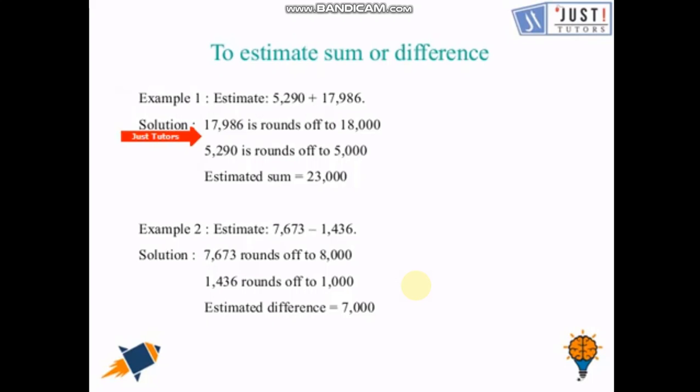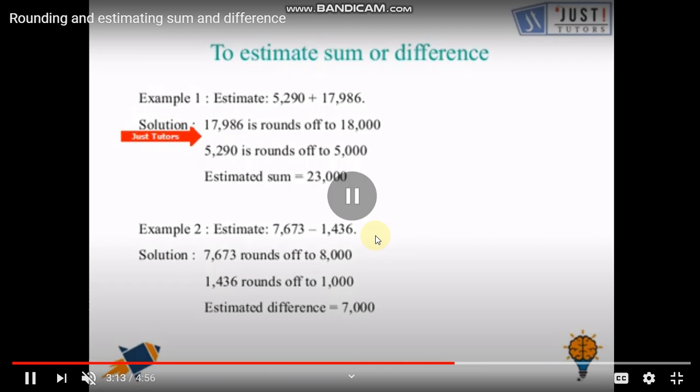For example, 5290 plus 17,986. We want to find the estimated sum. So here 17,986 is rounded up to 18,000. How? Again we look at the last three digits, 986. It's more than 500, so we write the next forward 1000, which is 18,000.